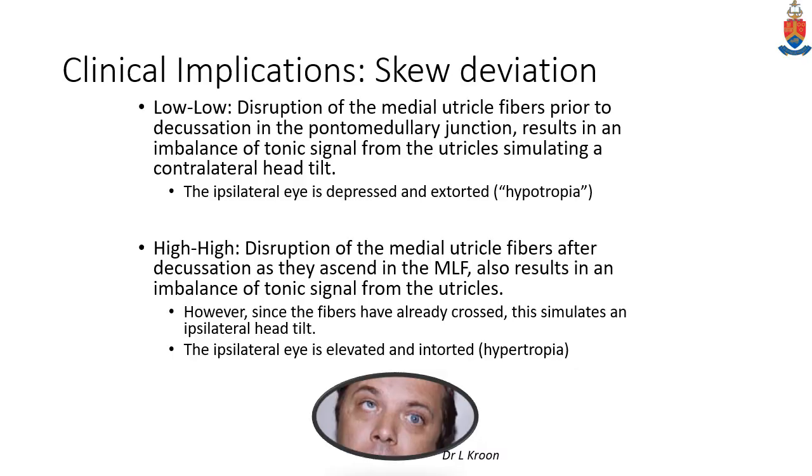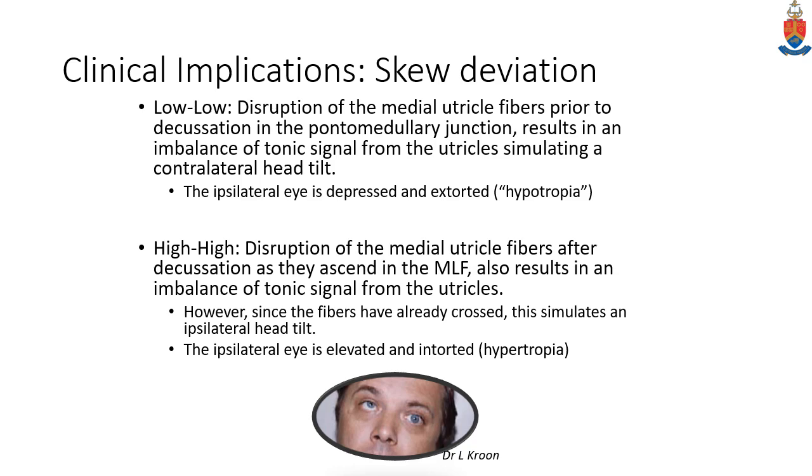Okay, so let me explain the clinical localization of a skew deviation. There are tonic firing rates from the utricle coming in from both sides. If I have a lesion on the right vestibular portion of the vestibulocochlear nerve as it enters the pons, then what will happen is that there will be persistent firing to the left side with absence of the right-sided functioning.